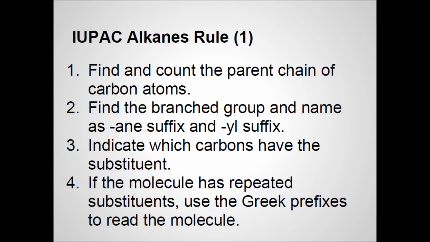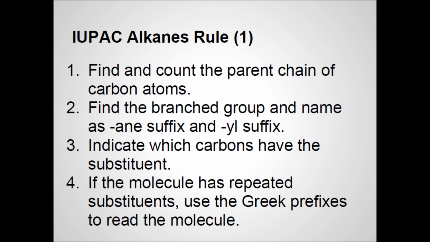Second, every branched group, called a substituent, is named by subtracting the -ane suffix and adding a -yl suffix. Third, every substituent is then given a locus, a number that indicates to which carbon in the parent chain the substituent is bonded. The last one is when there are repeated substituents along the parent chain.